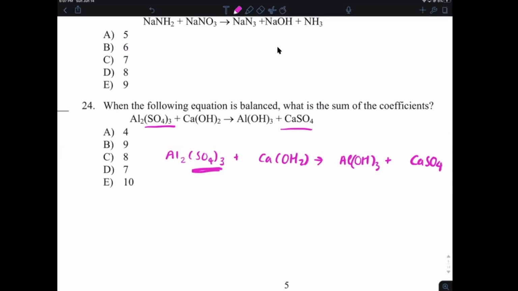To have the same amount of sulfate ions, what should go in here?